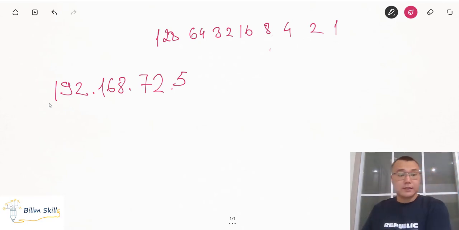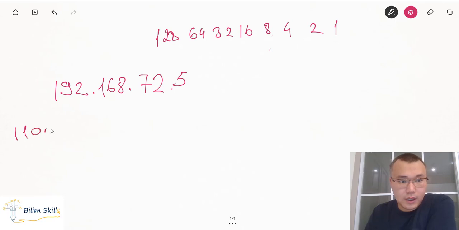Okay, let's convert it. We know that in every octet there are 8 bits. So the first octet will be 1, 1, 128 plus 64, it is 192, right?